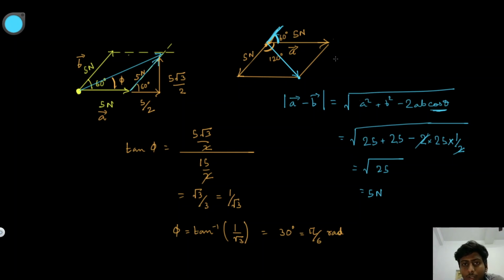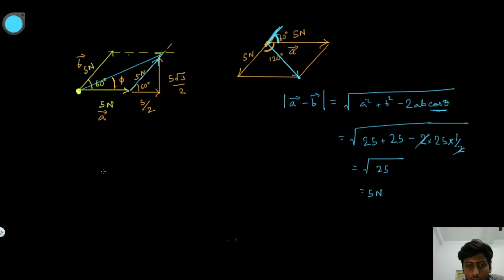Now say if I want to treat it as a vector addition, what I can do is add these two vectors very easily with an angle of 120 degrees. Say the addition of these two vectors turns out to be the r vector, which is the same as this blue vector.